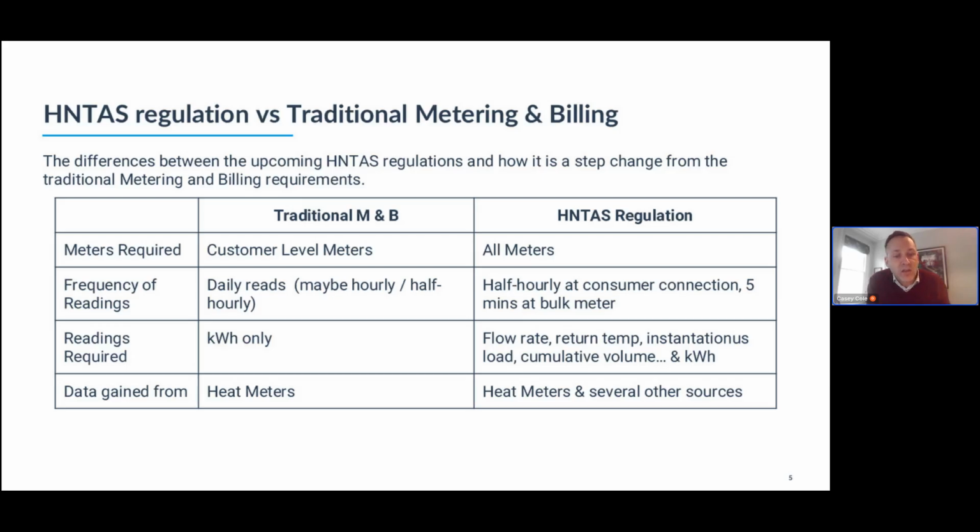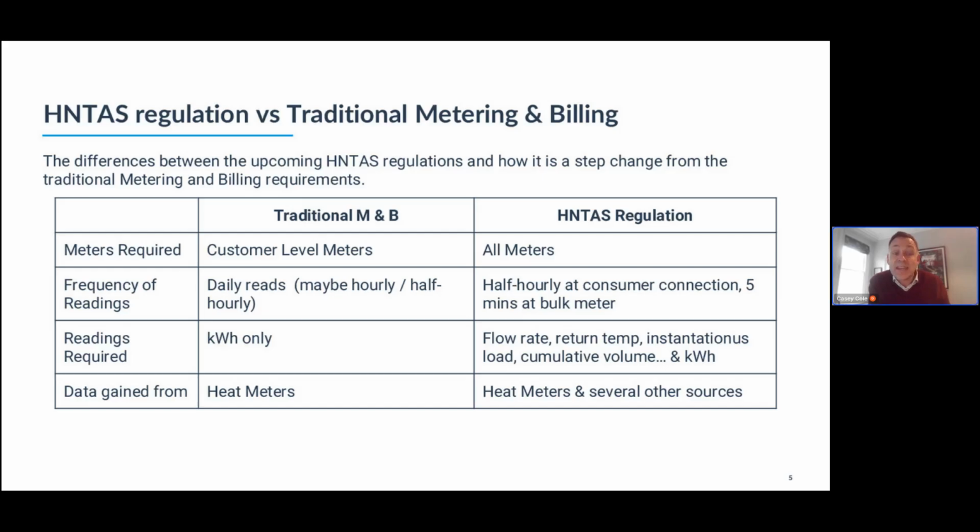We need the heat meters at the consumer connection, we need the bulks at the block level, at substations, and in energy centers. The frequency of that data in traditional metering and billing could be daily. Maybe it's hourly or half hourly. The proposal under HNTAS regulation is half hourly at the consumer connection and then 5-minutely at bulk meter levels.